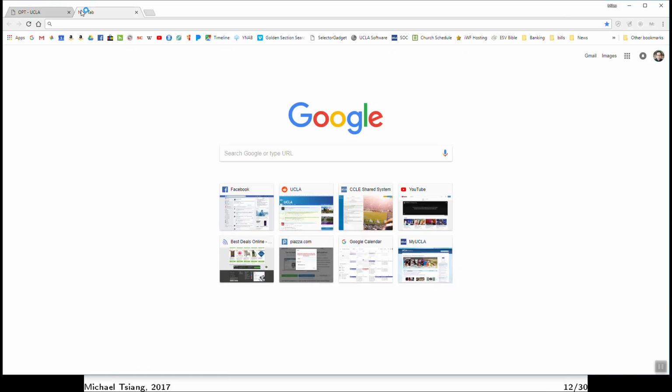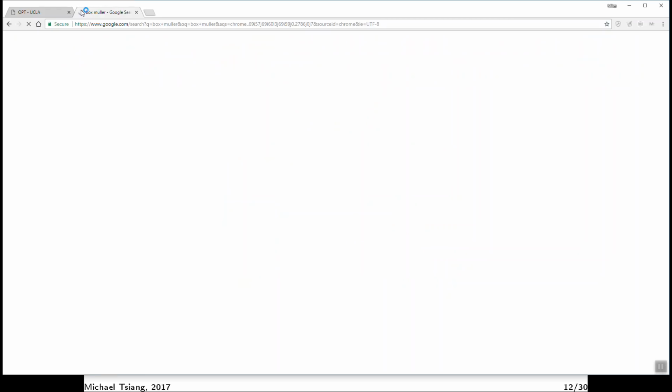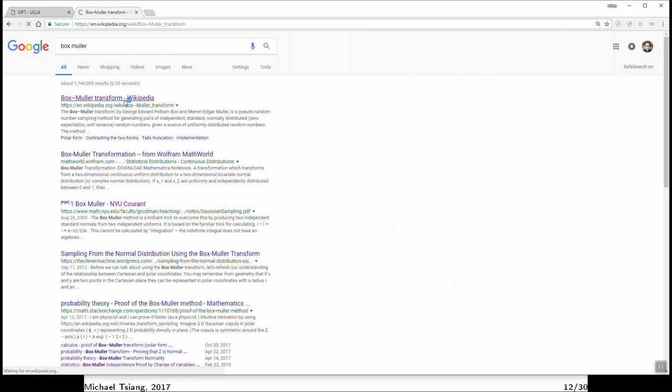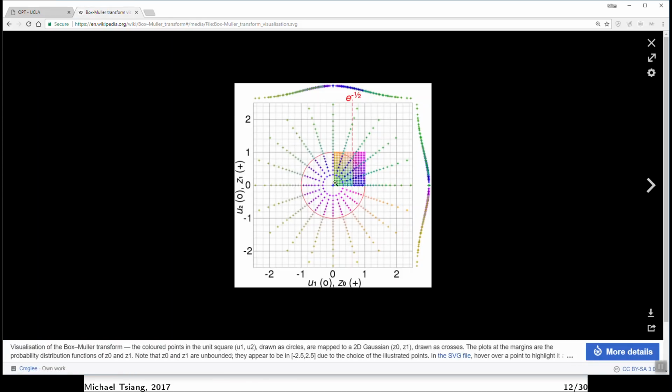Let me look up the Box-Mueller transform on Wikipedia. We got this nice little picture here.